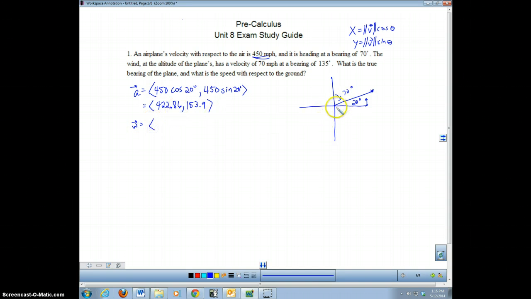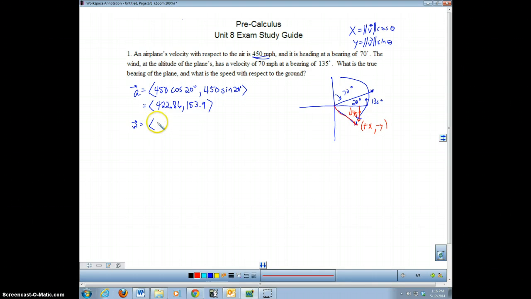This time the wind is at a bearing of 135, so that means that this angle here is 135 degrees. I'll use a different color. So that means this angle here is 45 degrees. Remember here that we have a positive x and a negative y because it's down. So I'm going to make sure to include those when I put them in my component form here.